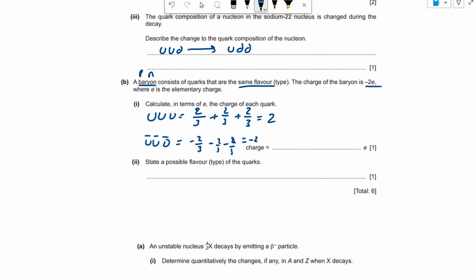So the general charge of each quark is going to be the reverse of this. State a possible flavor type of the quarks. Well, it's anti-up, anti-up, anti-up.